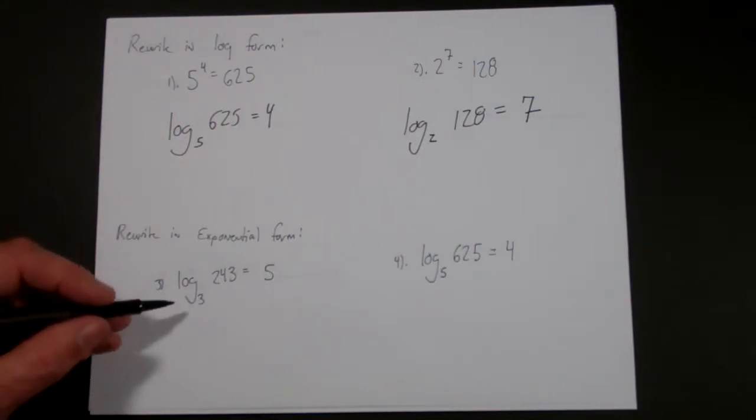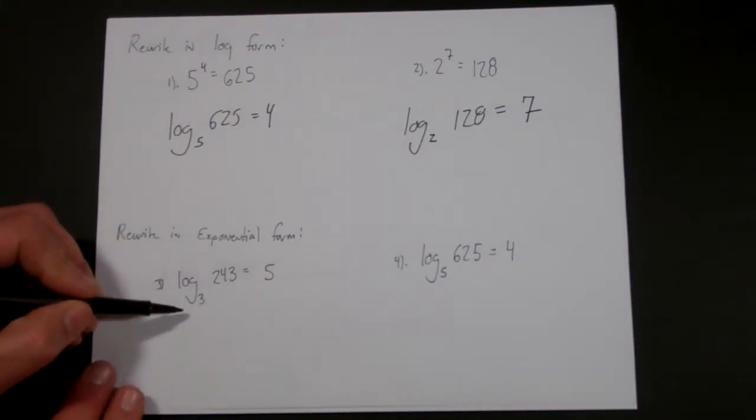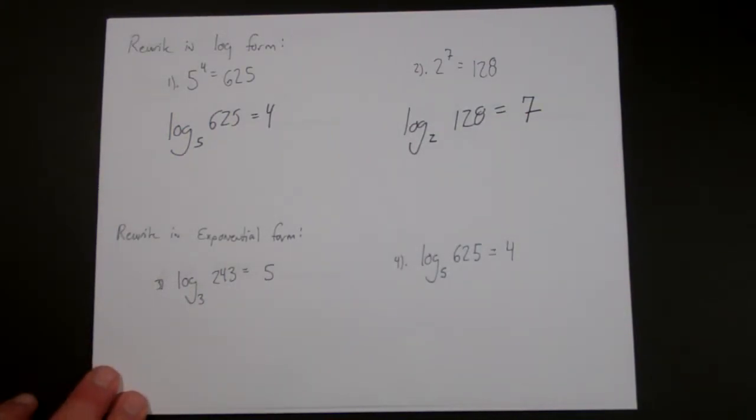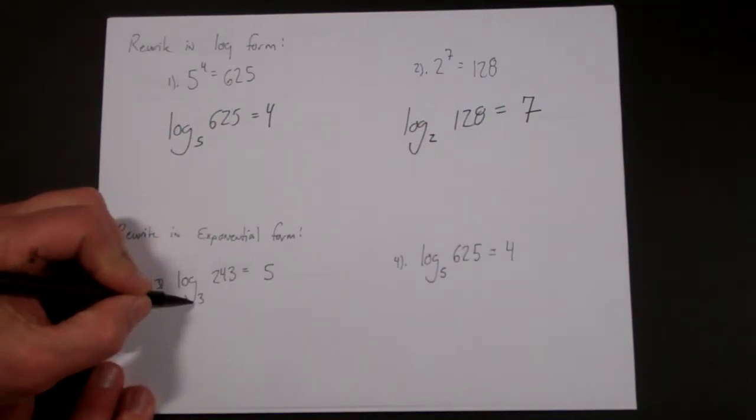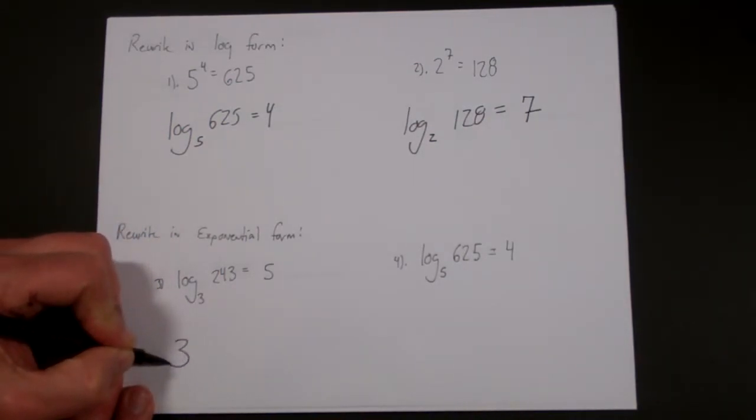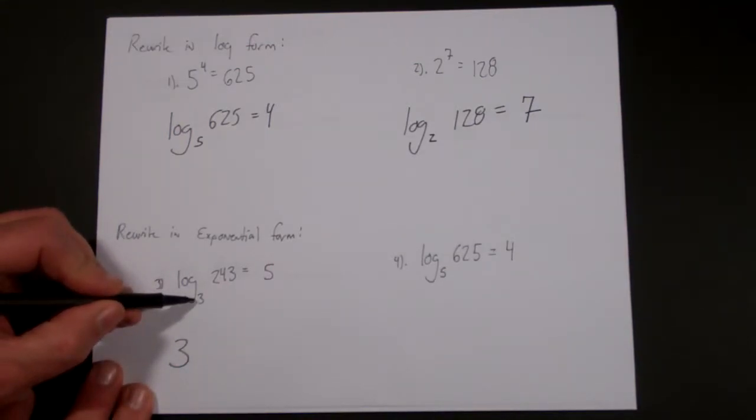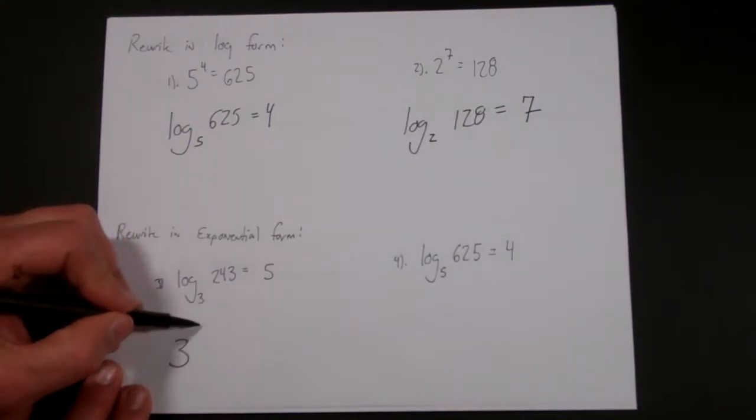Let's look at these. Now here you have the log base 3 of 243 is 5. Let's see if we can figure out what that's going to be. The base of the exponent and the base of the log are the same. The result of the log is the power.